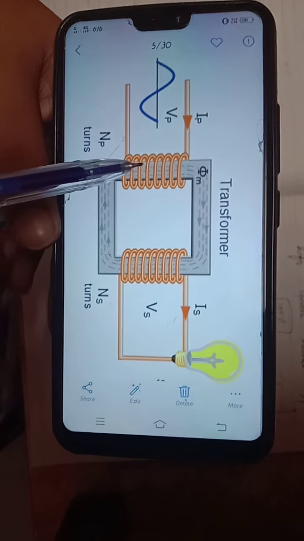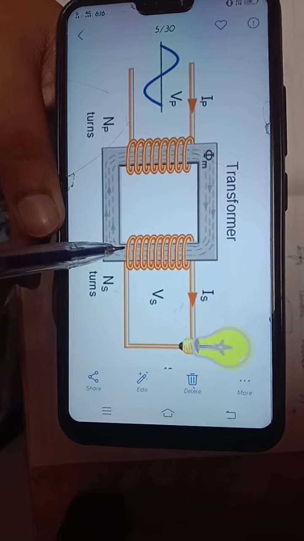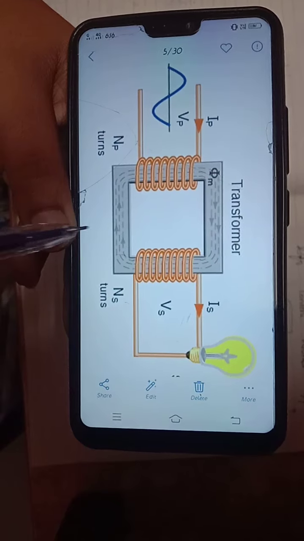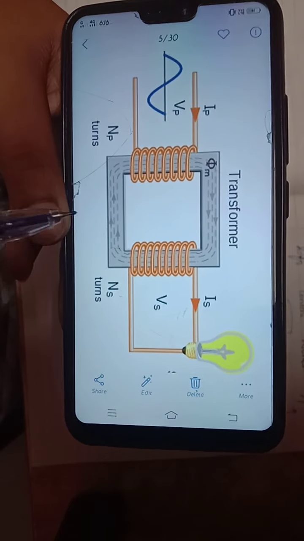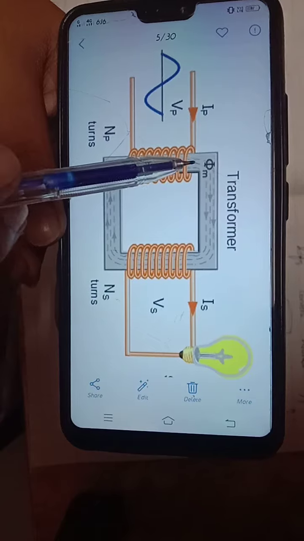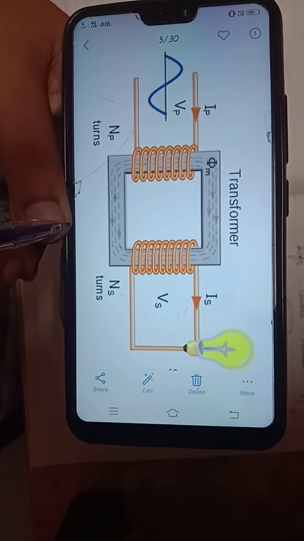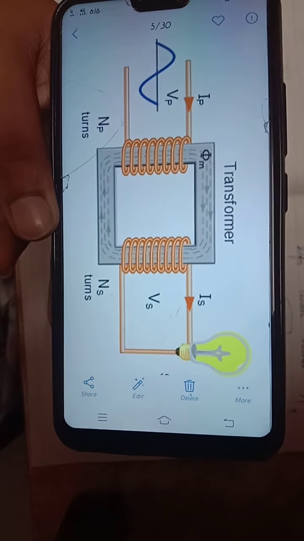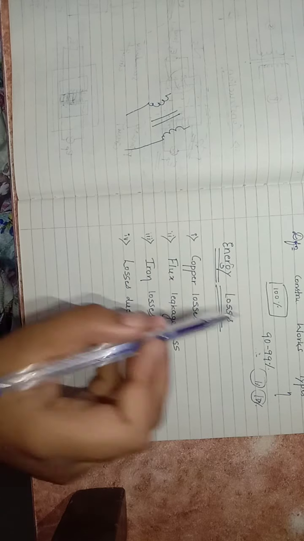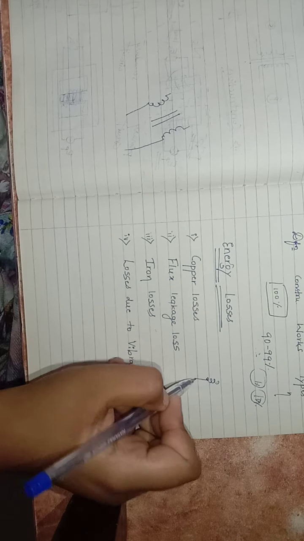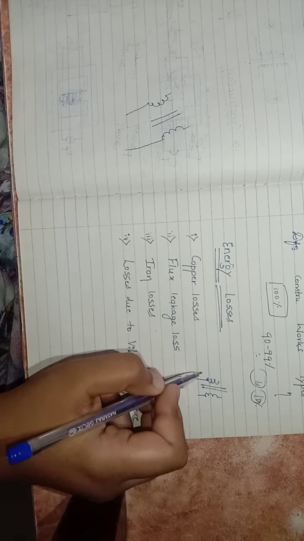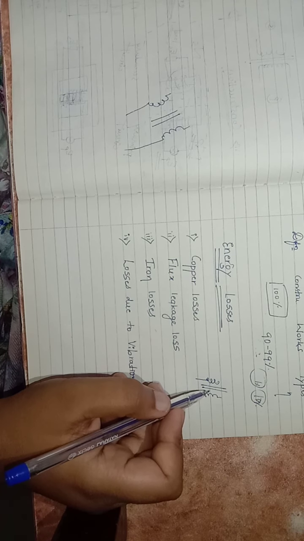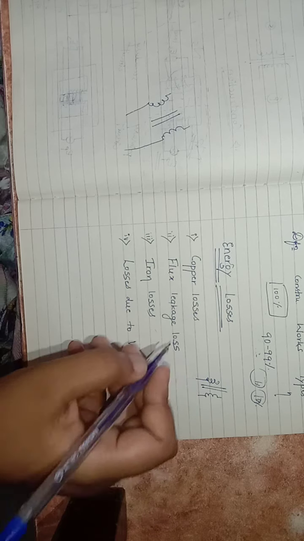That resistance will oppose the flow of the current in these coils, isn't it? That's why there occurs a power loss, and the loss which takes place in the coils of the transformer is called copper losses. This loss appears as the heat produced.